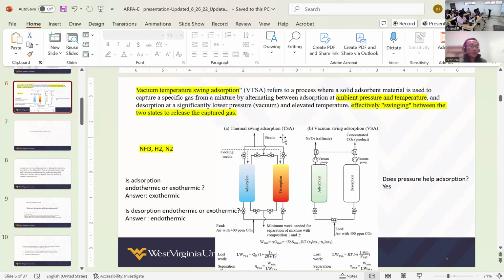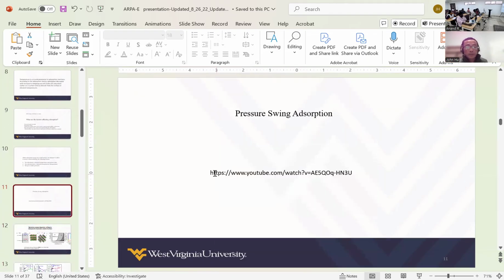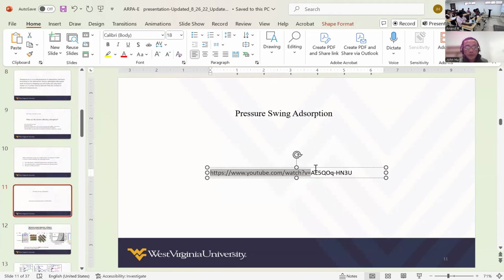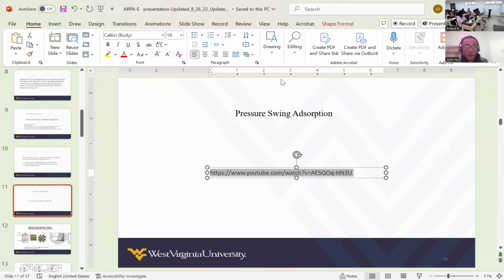Otherwise, this material will not come out. So I'm going to show you a video of how people do the so-called pressure swing operation. I'm going to stop sharing, and when YouTube shows up, I will share with you.